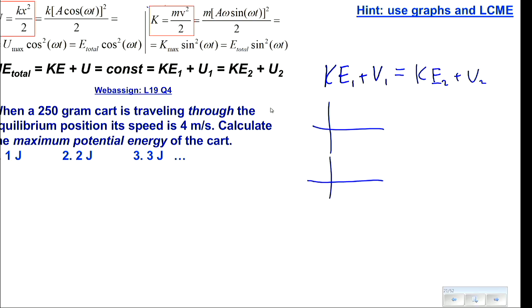Yeah. Well, so this is the graph for the position as a function of, let's say, time. The graph for the velocity, so it starts from 0 and it's negative. So here kinetic energy is 0, potential energy is max.